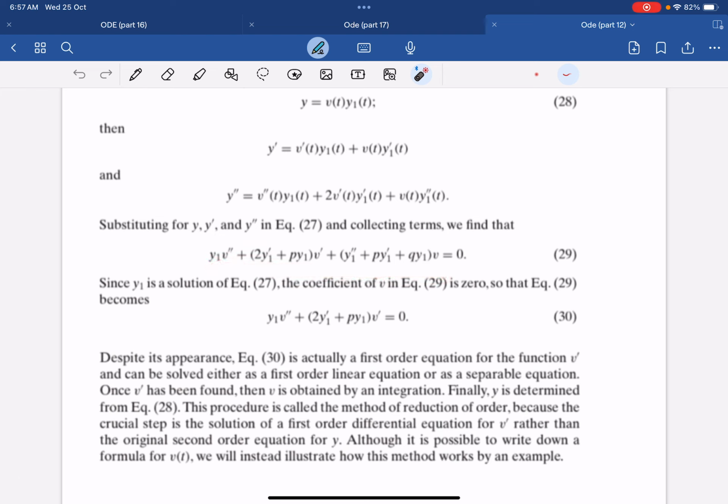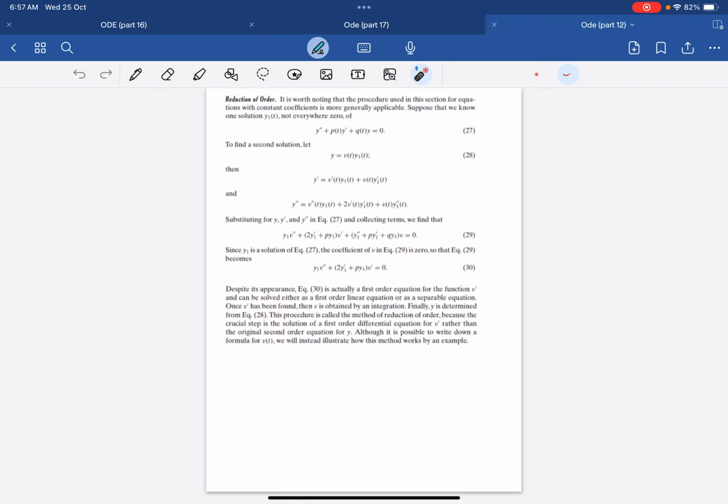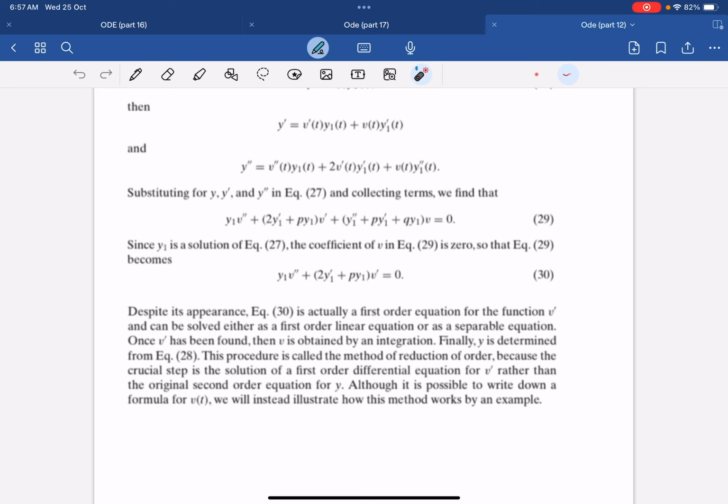But we already know y1 is a solution. So actually this and this cancel out because they will equal 0. In the end, we are only left with this portion over here.